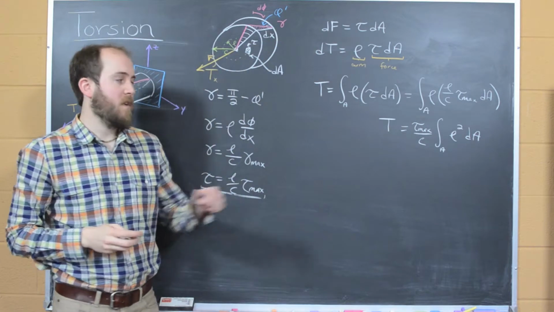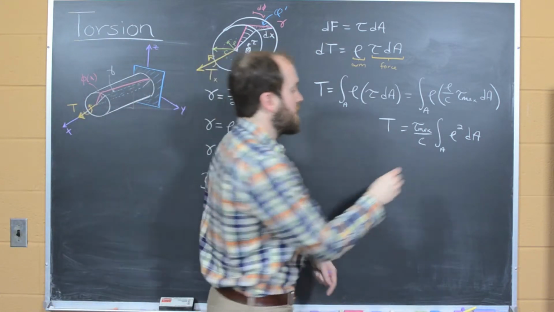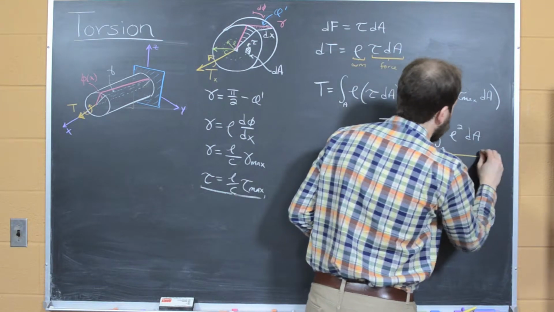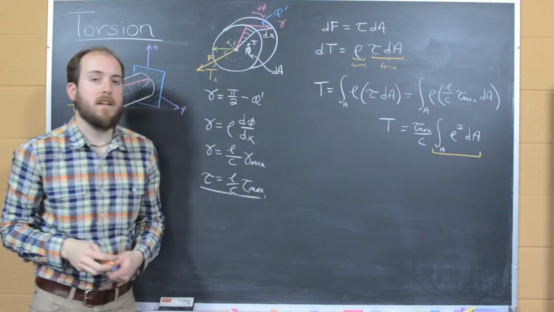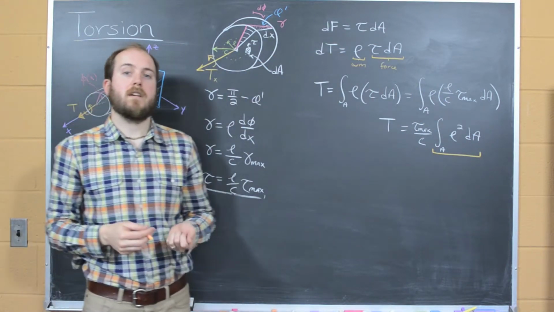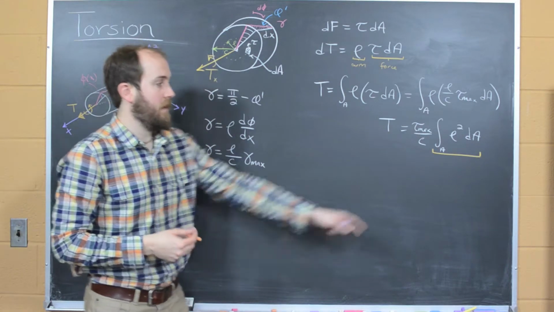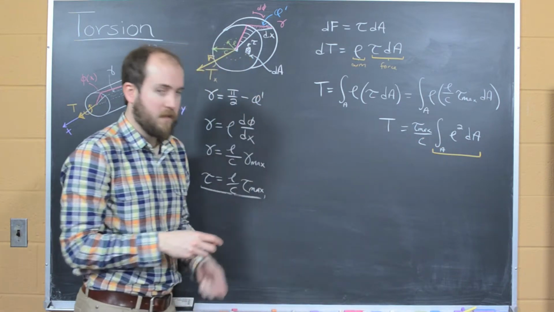Now hopefully this looks familiar. This term here, this integral of rho squared dA, is the second moment of area. It's actually the polar second moment of area, since we're in polar coordinates.